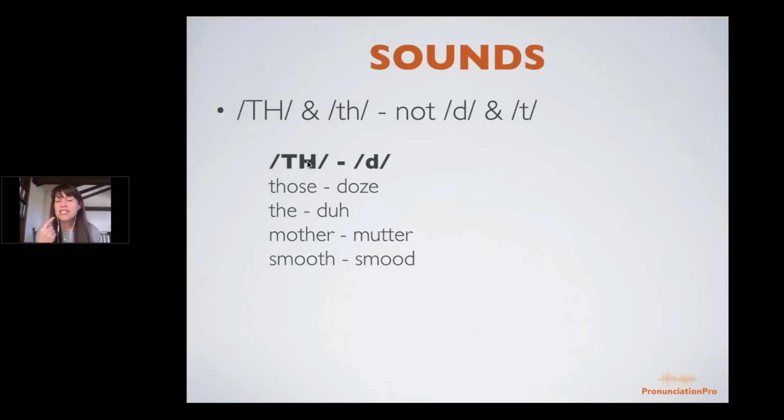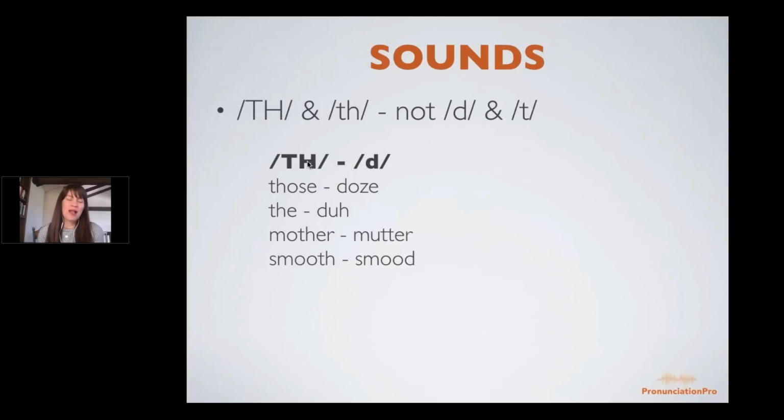The biggest difference is in the mouth position. Rocio, I know you've been going through the program, so you've probably gone through the TH sound and been practicing that, right? Yeah, actually, I'm ready to start the second lesson on the TH, on the voiced and voiceless. Definitely these tips will help me with my module in an easier way.